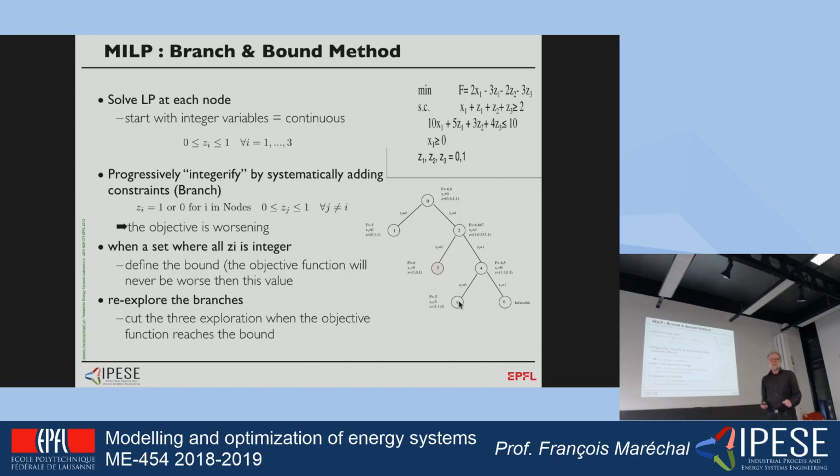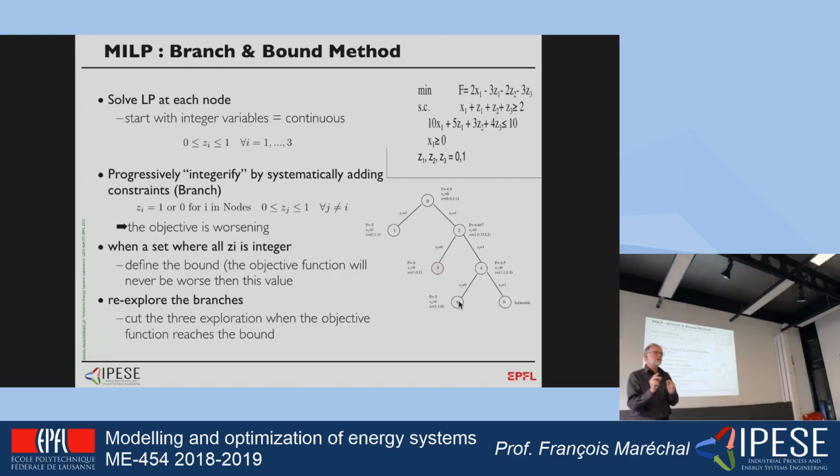Right? And by doing this, and this is what we name the bounding strategy, it allows me to be very efficient and does not force me to explore all the branches, okay? Because I will have to explore only the branches that have a certain chance to still improve my worst case.